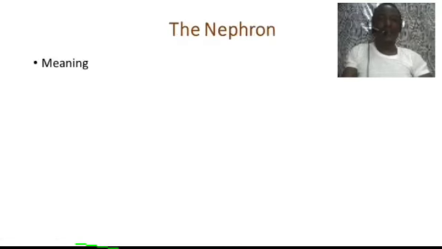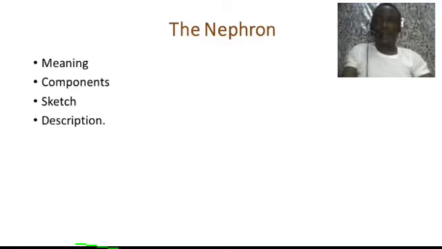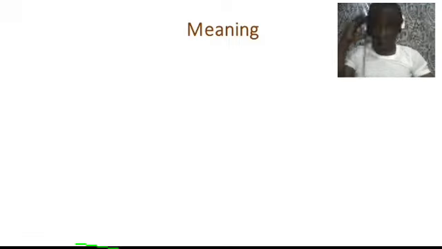We'll look at the meaning of a nephron and the parts of a nephron. We'll make a rough sketch of the nephron, what it looks like, and we're going to explain or describe the various parts of the nephron, and then we'll classify nephrons into the various types. Ready? Alright.